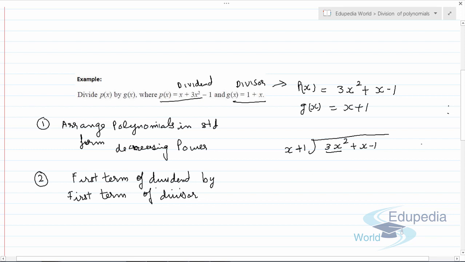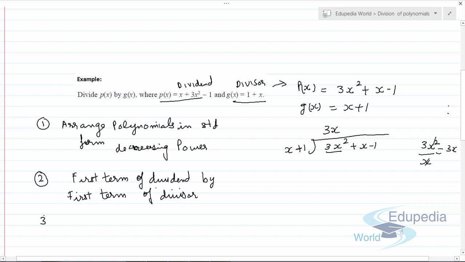This means we divide 3x square by x, and we get 3x. Whatever answer we get over here is our quotient. So we write 3x over here. The quotient is 3x.